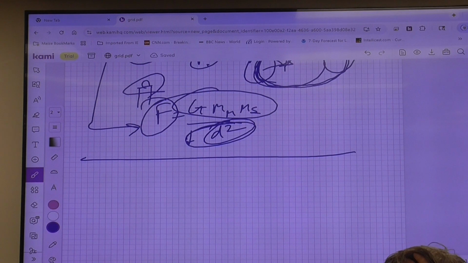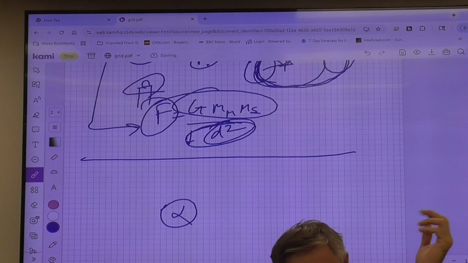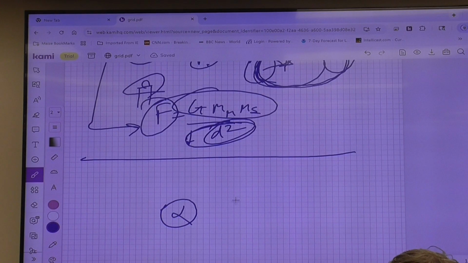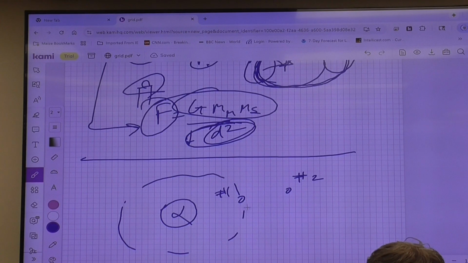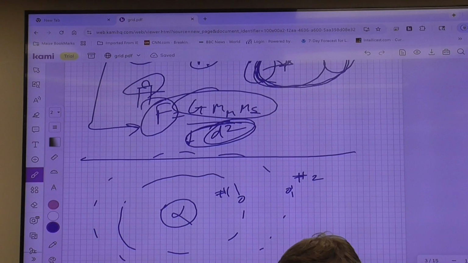So let's say that we have some star, alpha. It doesn't make any difference, it's some star. And we have two planets, number 1 and number 2, that are orbiting this star. That's what you've got.